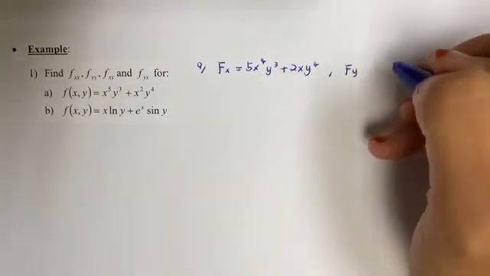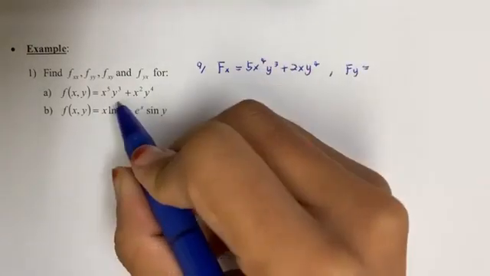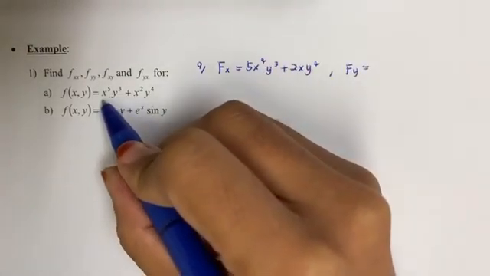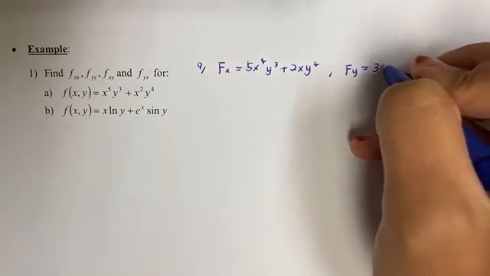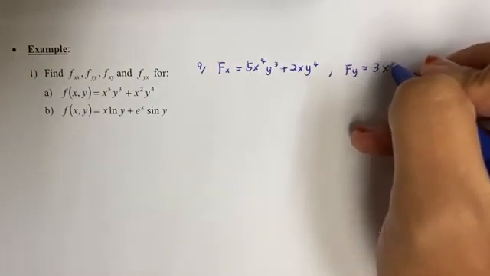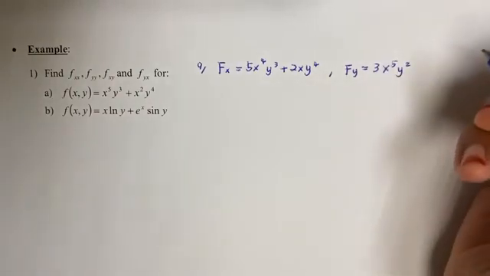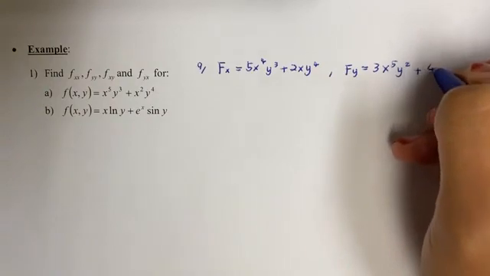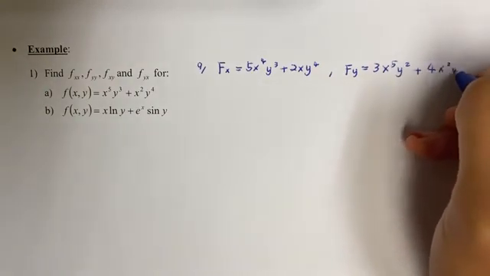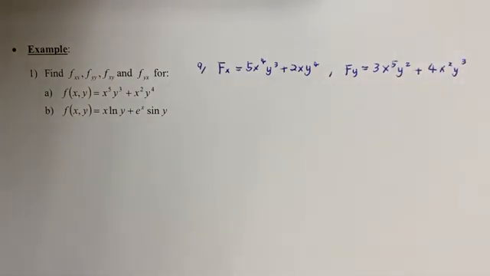Next, for f_y is equal to, assume x is constant. So we have 3x to the power of 5 y square, okay, plus we have 4x square y cube for f_y.